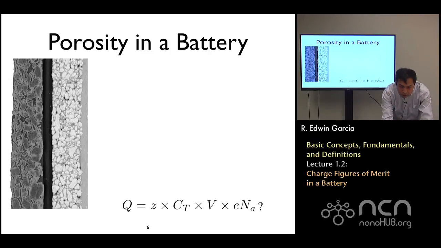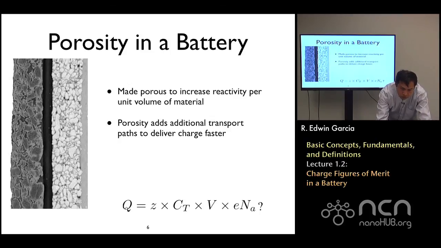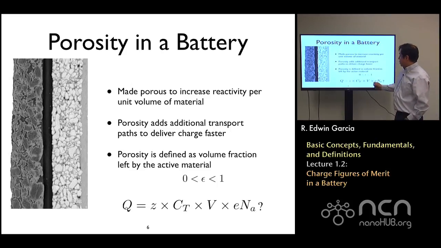Besides increasing the reactivity per unit area and adding additional transport paths to deliver charge faster into the system, the porosity has a disadvantage: that material is not usable anymore. As a result, we will lose some mass, some charge associated with that contribution.